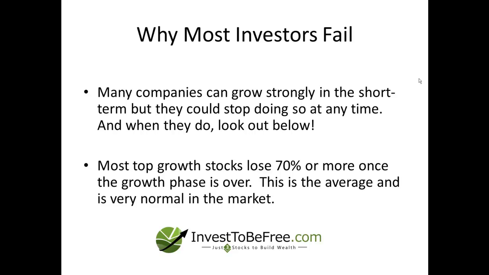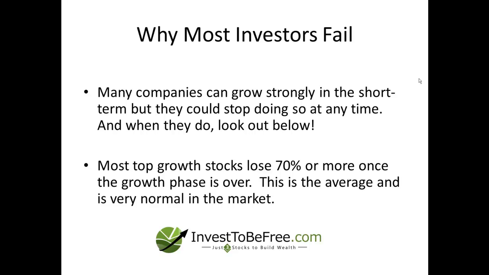Now, for a top growth stock like Apple and Microsoft and Cisco, eventually they'll hit a point, even though they are growing their sales and earnings very consistently over time, where they just can't grow as quickly anymore. And so their valuation goes from a growth stock valuation, which is higher based on the expected future growth, to a value stock valuation, which is much, much lower.